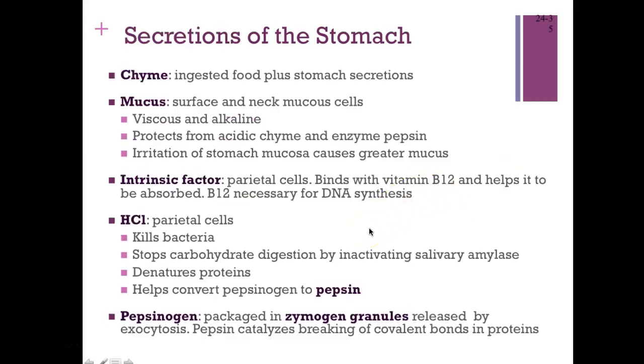So we said that once food moves into our stomach, it becomes more of a liquefied food, and at that point we are going to call it chyme. We mentioned a lot of mucus will be secreted from those mucous neck cells or neck mucus cells, and that'll be viscous and also alkaline, which will be good to kind of limit the acidity within our stomach because we don't want ulcers taking place.